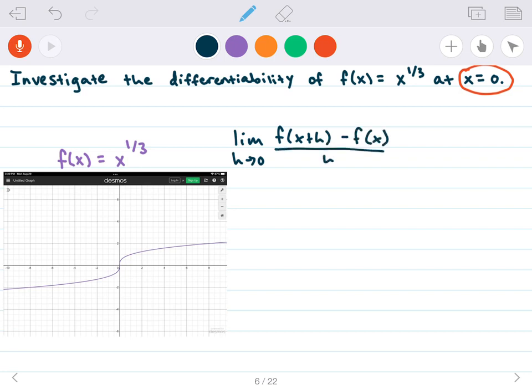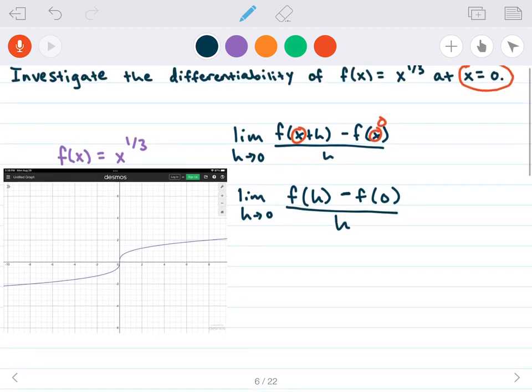All right, so again, I'm plugging in 0 for x in this case. All right, so when I do that, I get the following. I get f of h minus f of 0 all over h. Okay, so f of h is just going to be h to the 1/3 minus f of 0.